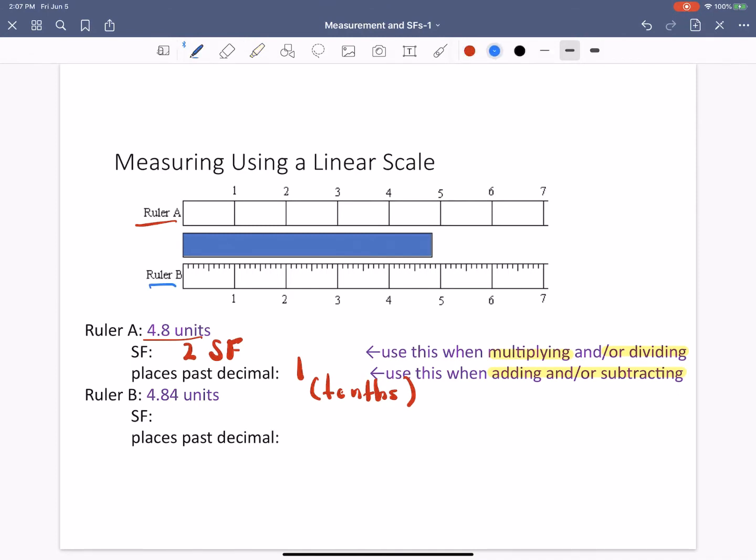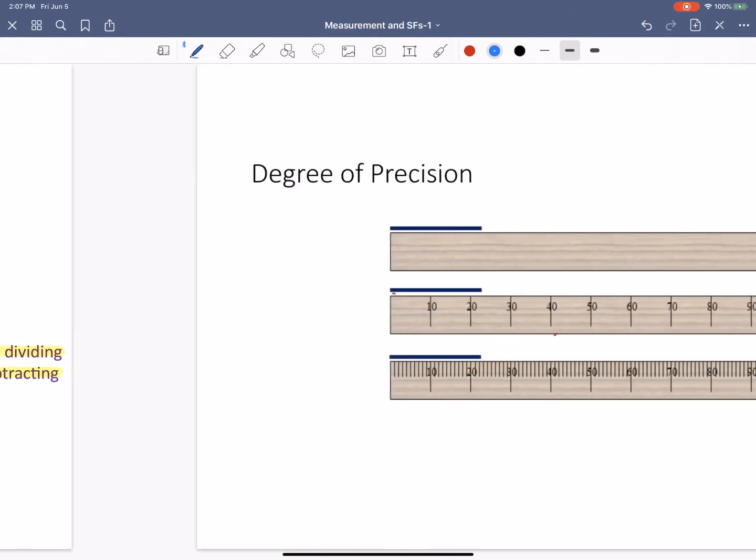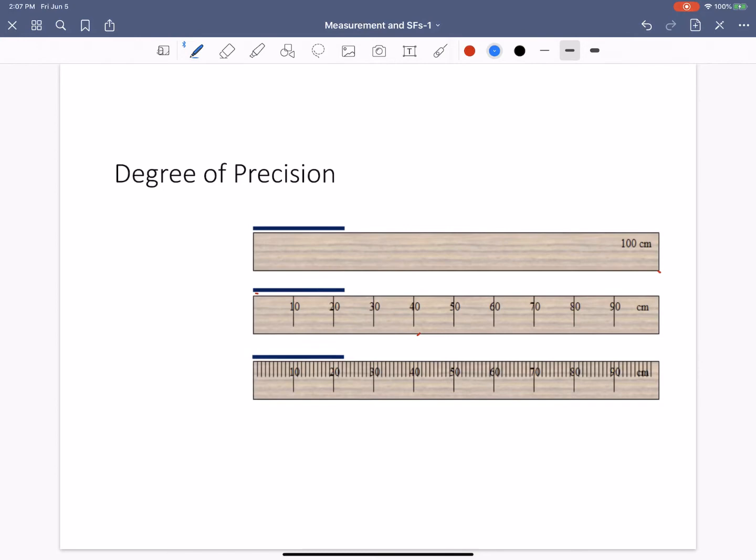Using ruler B, we ended up with 3 sig figs. And there are 2 places past the decimal, the hundredths place, is where we did our estimating. Both these ideas are important. It just depends which one we consider, whether we are multiplying and dividing or adding and subtracting when we do calculations with that number.